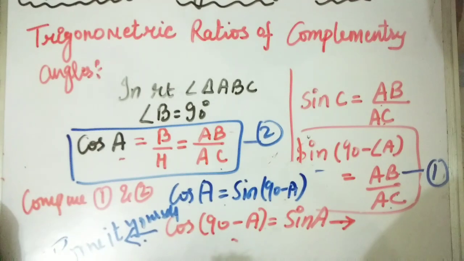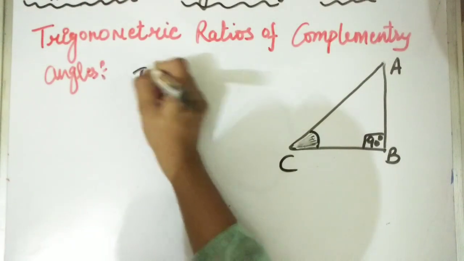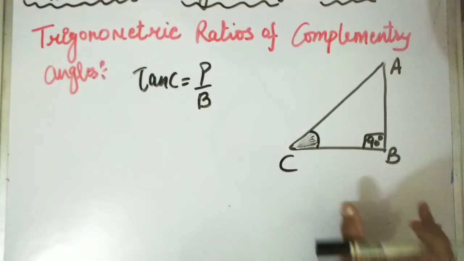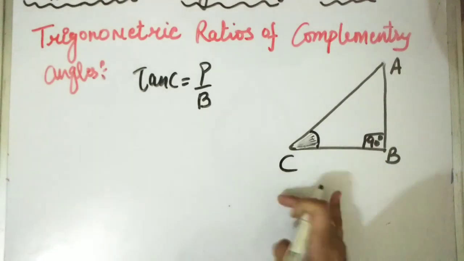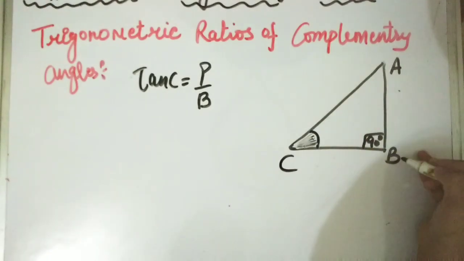Let us prove it. Now students, I am going to get the value of tan C, right? Now what is tan C? Perpendicular upon base. I am taking the same triangle ABC where B is 90 degrees. I am not going to change any angle. Just fix the triangle. Otherwise, if you don't fix it, hardly matters, you will get the same result, right? So tan C equals perpendicular upon base.